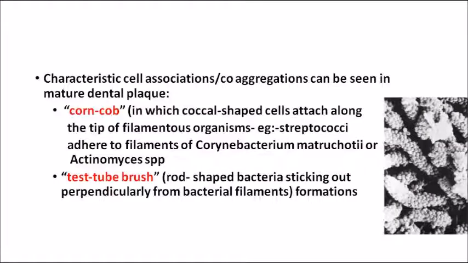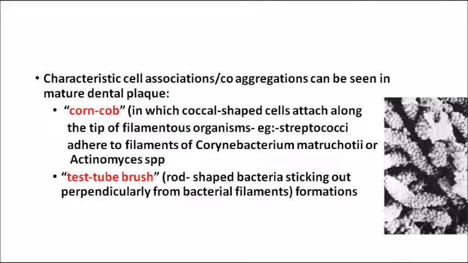So we were talking about plaque maturation. There are some structures or cell associations which we can see in a mature dental plaque. One is corn cob formation and another one is test tube brush formation. Corn cob, we all know what a corn cob is, right? In the corn cob structure, there is a central long portion and surrounding this we have round corn kernels.